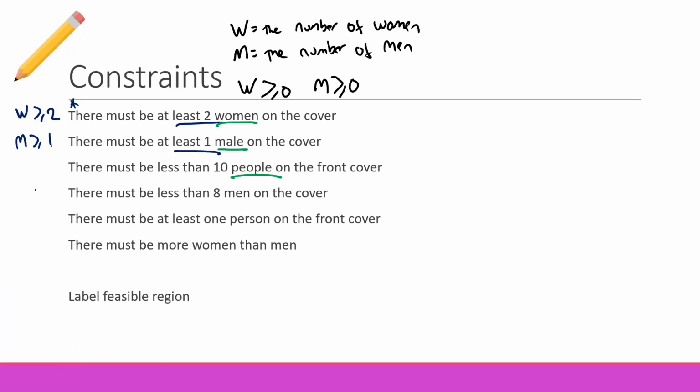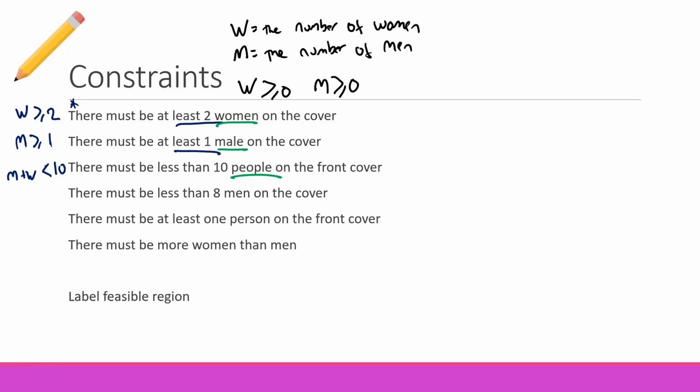I want to do both. So if I have all the men and then I have all the women and I add all of them together, the number of men and number of women will give me the number of people. But I want the number of people on the cover to be less than 10. Not less than or equal to, but less than 10.